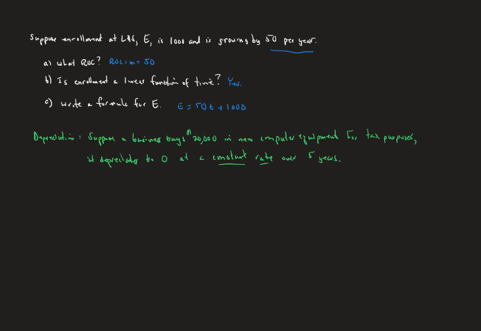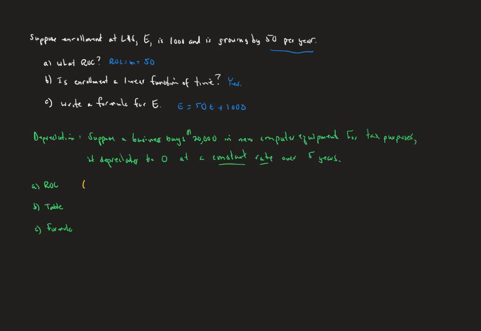What I'm going to ask you for here is, can you figure out the rate of change? Can you write a table of values for that function? And can you come up with a formula for that function? And of course the answer is yes. The value depends on time, so time is our independent variable, and that's going to be put in the x position.